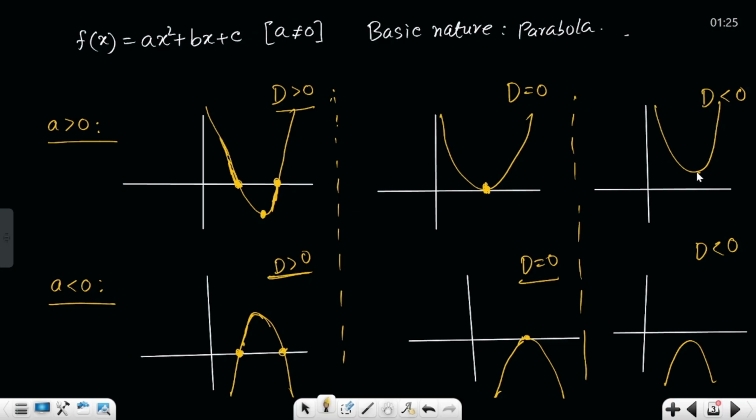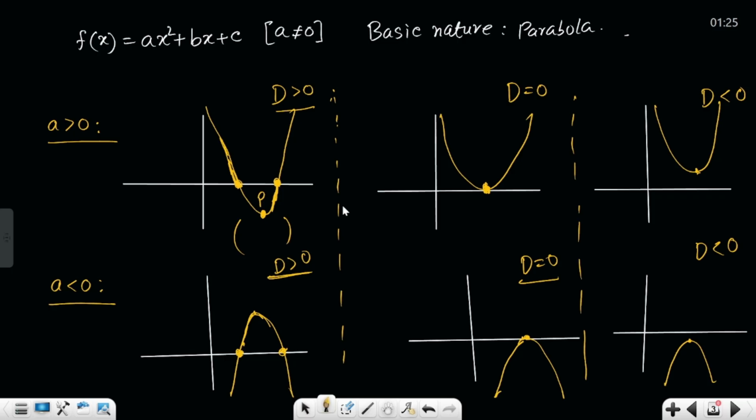First thing, what is this called? These points are called the vertex of the parabola, and we can easily write the coordinate of it. I am writing for one only because these will all be the same. Let me name it P. So what will be the coordinate of P?